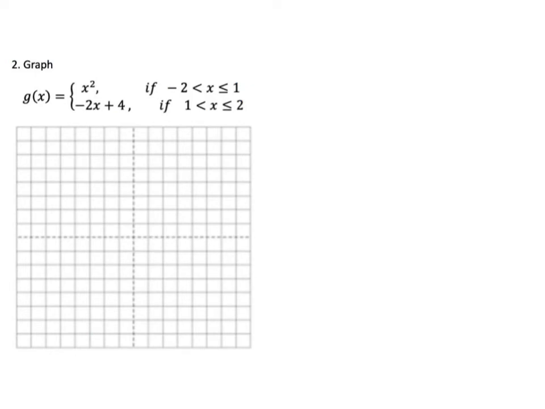Let's graph one more here. And this one, if you look at it, is a combination of a quadratic and a linear function. And this one has constraints that are bounded on both ends. So I am going to plug in both -2 and 1 into this top portion of the function.